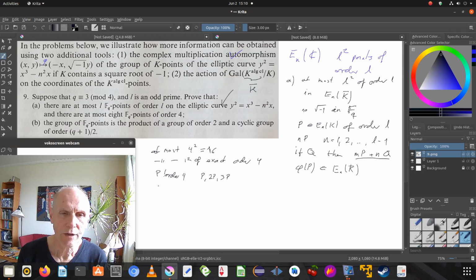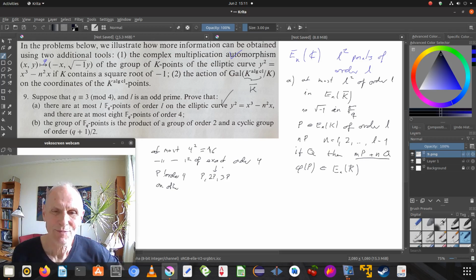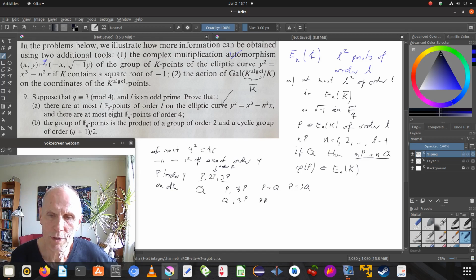And if there is one other point Q, of order 4, which is neither P nor 3P, then we have P, 3P, Q, 3Q, P plus Q, P plus 3Q, 3P plus Q, and 3P plus 3Q.